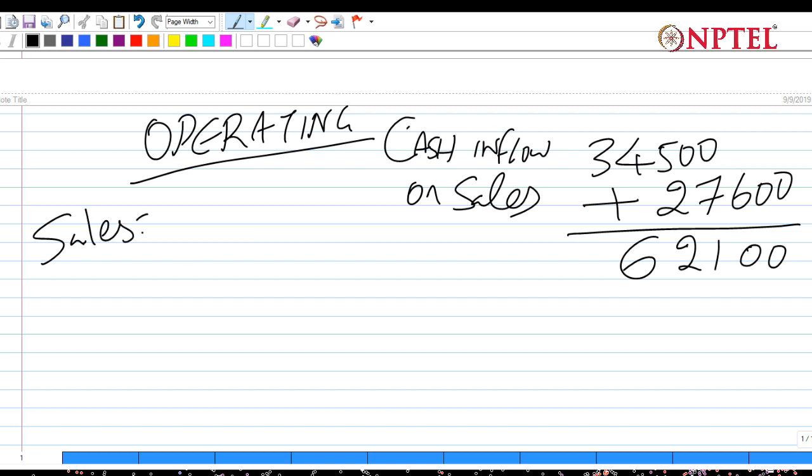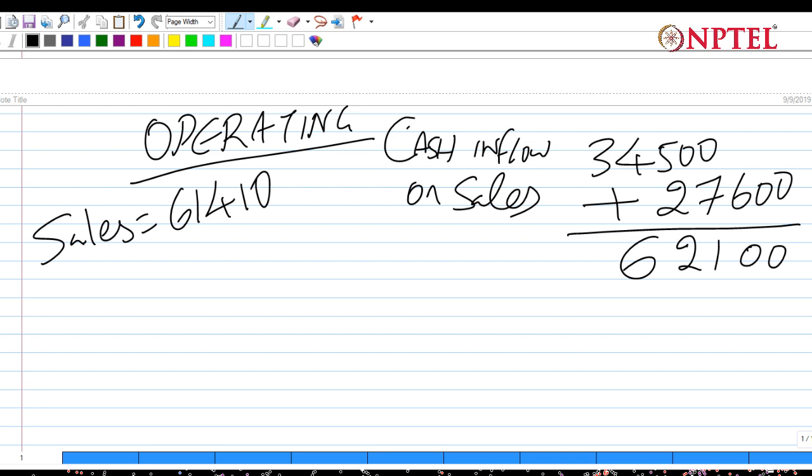The sales during the year was 61,410. Now, what are the receivables last year? This year's receivables are down by 690.